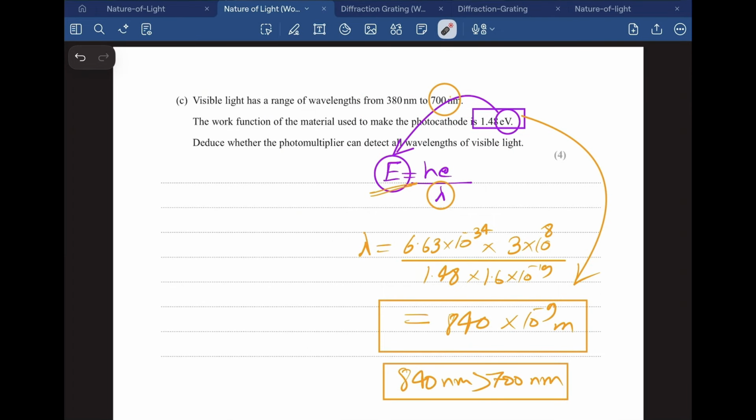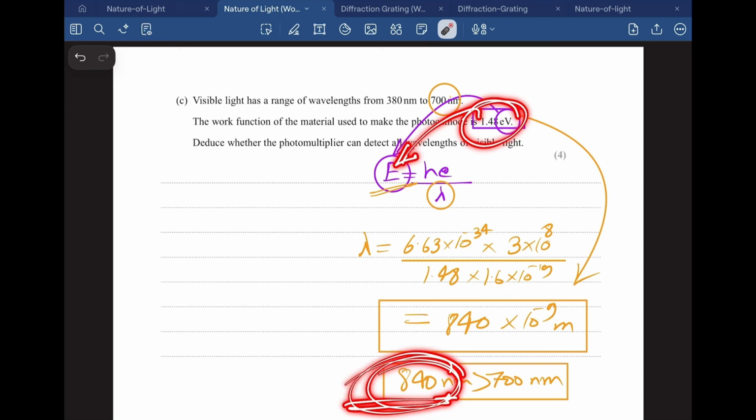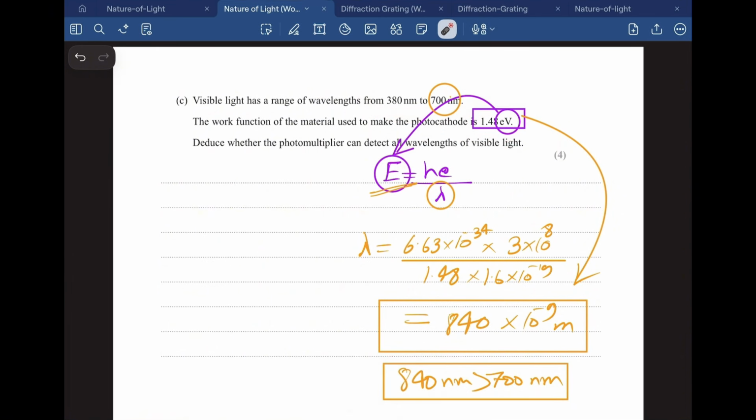So with this work function, 840 nanometer of wavelengths can be seen. Up to 840 nanometer of wavelengths can be seen, and visible light is less than that value. So definitely all of the wavelengths of the visible light can be detected.